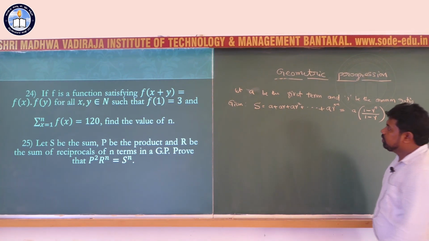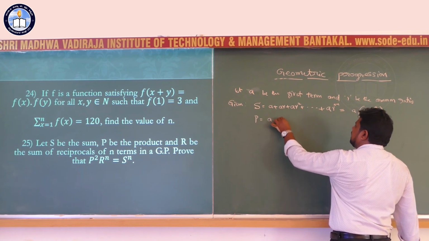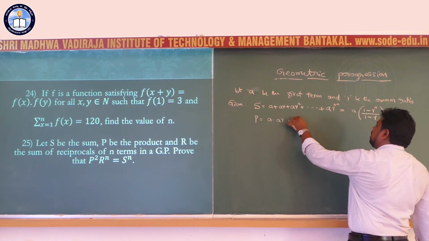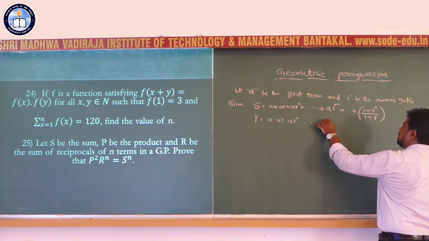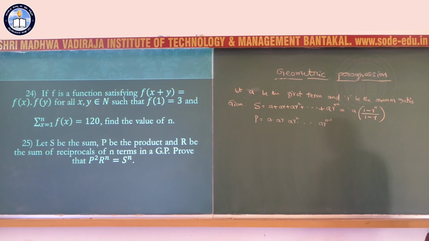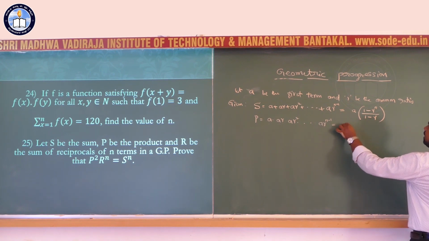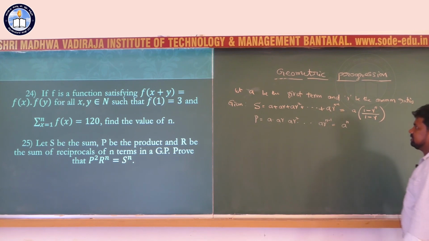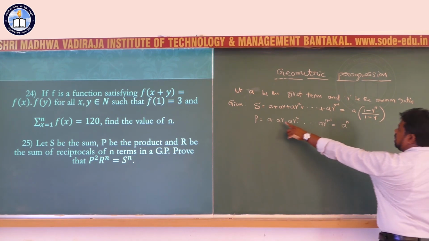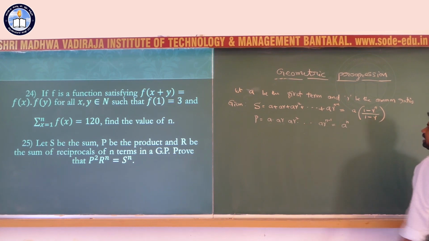Also, P equal to A into AR into AR square up to A into R power n minus 1, the product of first n terms of geometric progression. Simplify this one, we get A power n, A multiplied n times, then R into R square, next term R cube, up to R power n minus 1.